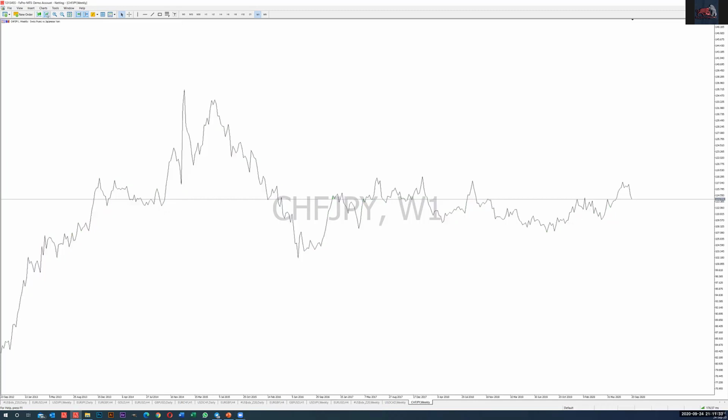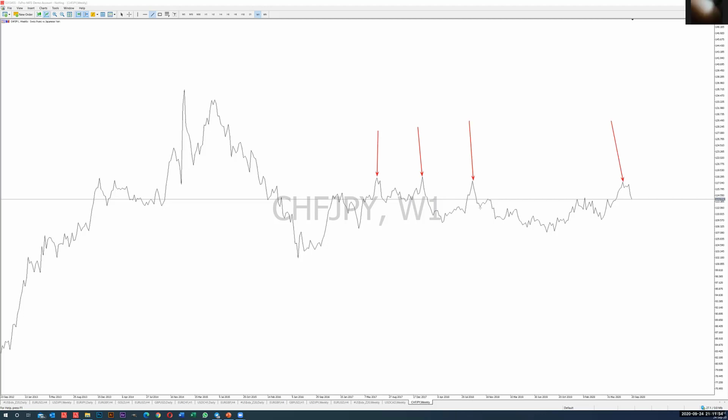That is a line chart for CHF JPY. Now, you grab your trend line drawing tool. You can clearly see we've got these turning points in the market. You see these turning points?